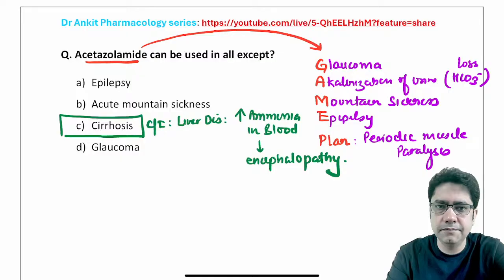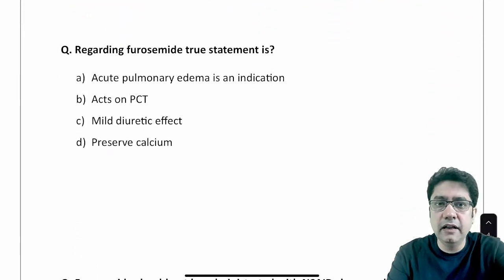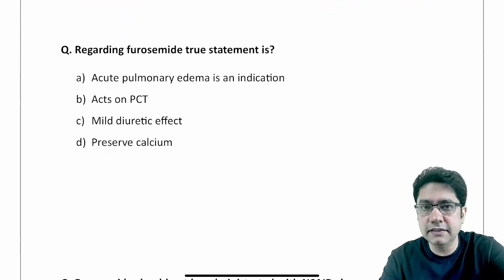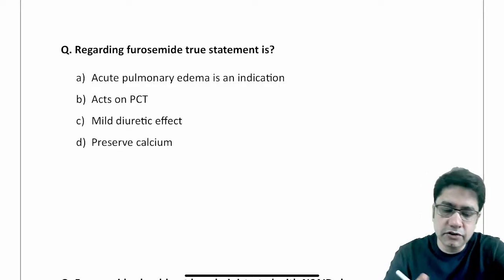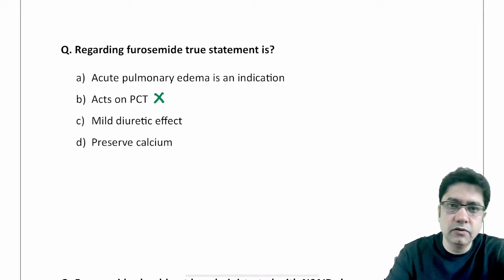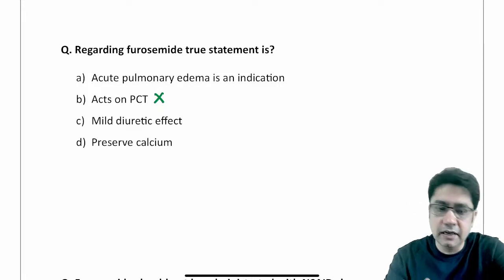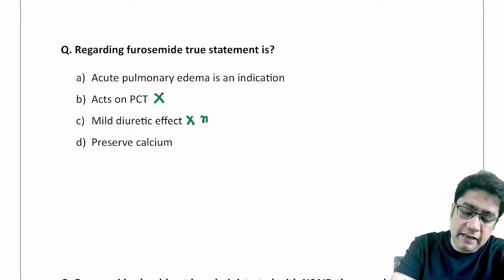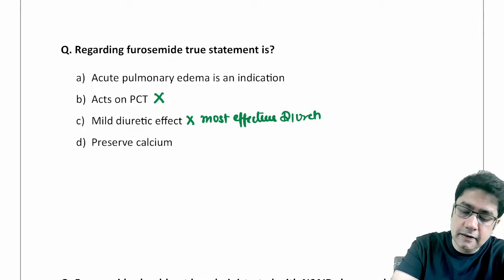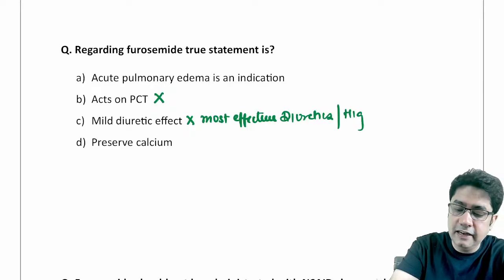So regarding furosemide, the true statement is, remember furosemide does not act on PCT, we know it acts on thick ascending limb. Remember, it is the most effective diuretic we have, loop diuretic. That is why it is known as high ceiling diuretic.